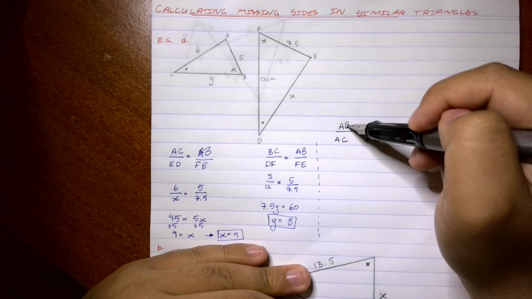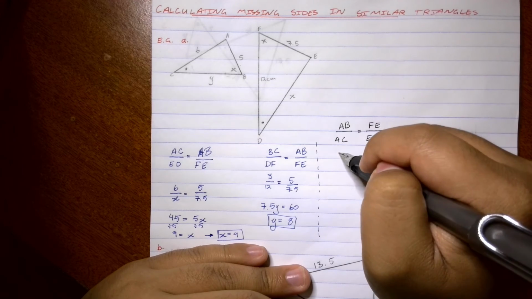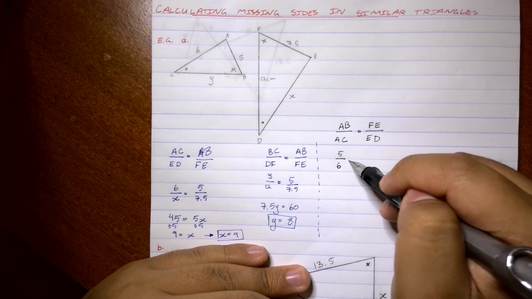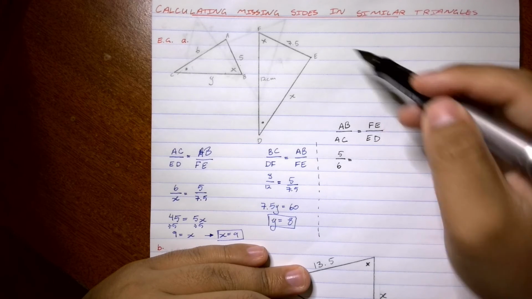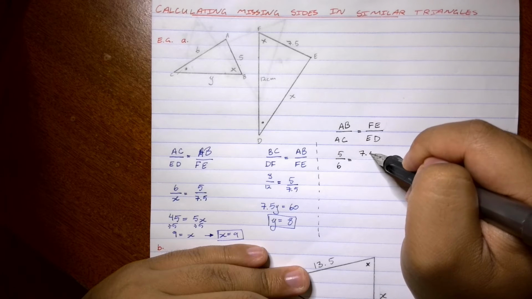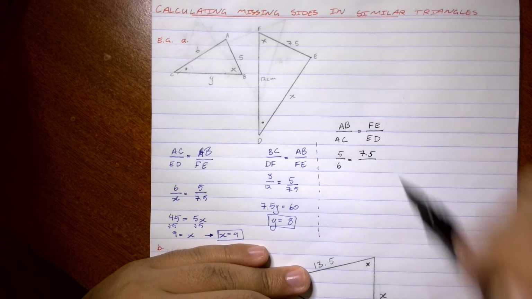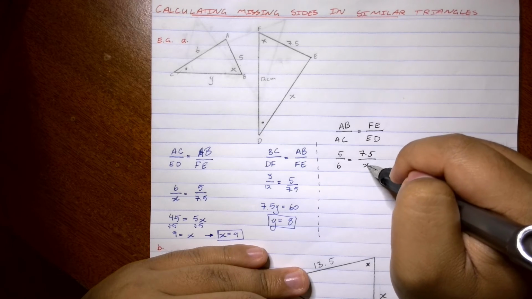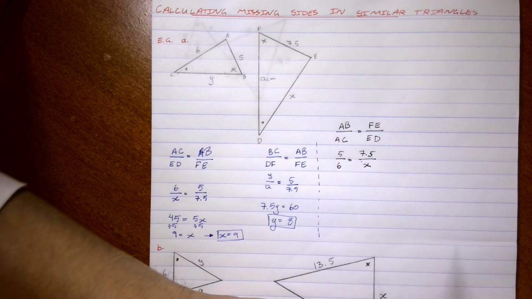Substituting the values, AB is 5, AC is 6, FE is 7.5, over ED. ED is the value of x, which is what we want.